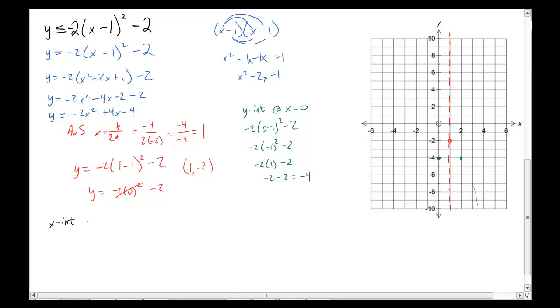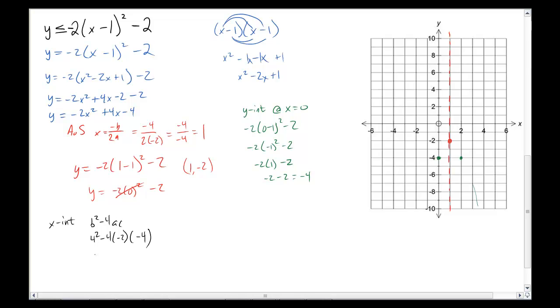The way I'm going to do that is by using the discriminant, which is b squared minus 4ac. b will be 4, so that'll be 4 squared minus 4 times a, which was negative 2, times c, which is negative 4. Note that I'm using this equation because in order to do the discriminant, I need a, b, and c. So I can't go back to the original. That's the only reason I'm not going back to the original here.